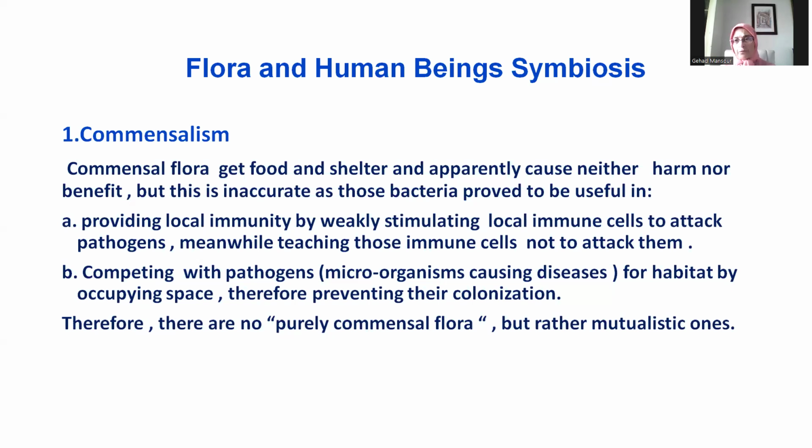So how do they provide this kind of local immunity? By weakly stimulating the immune system. There is a sort of a deal between the friendly flora and the immune system, meaning that whenever we see pathogens, we're going to stimulate you weakly in order to attack those pathogens. Of course, it is weak stimulation because the antigens of the bacteria are weak antigens.